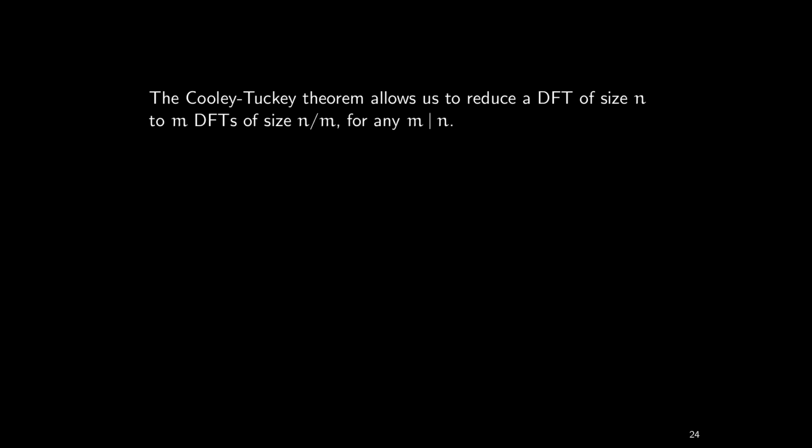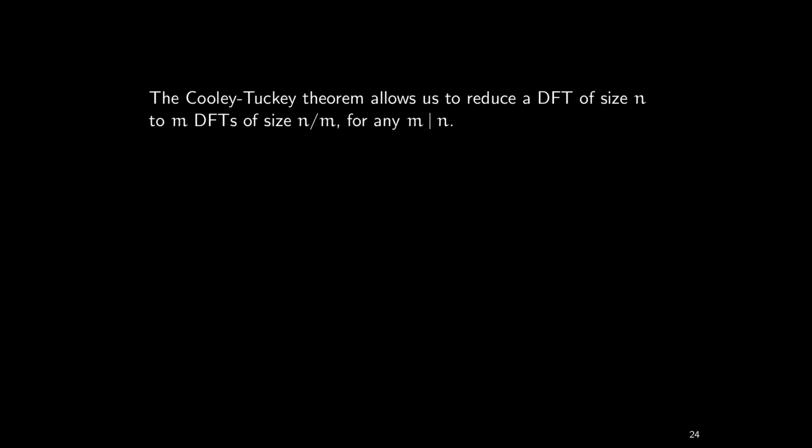So here m, for example, could be 2 or 3, and n is the problem size. N is something big, but think of m as something small. And we used these decompositions of the DFT matrix recursively, and in order to do so, we assumed that the problem size to begin with is a power of m.